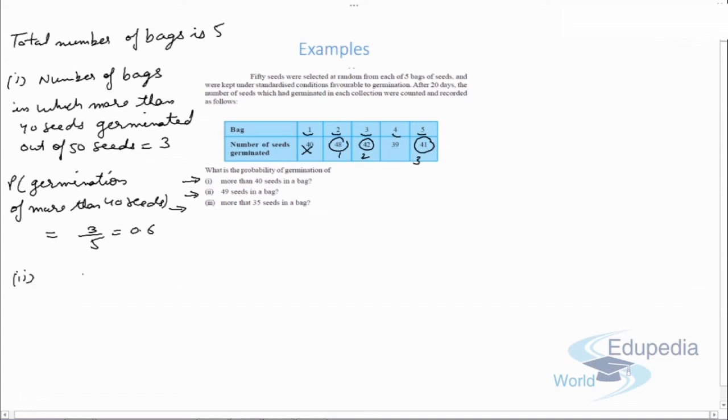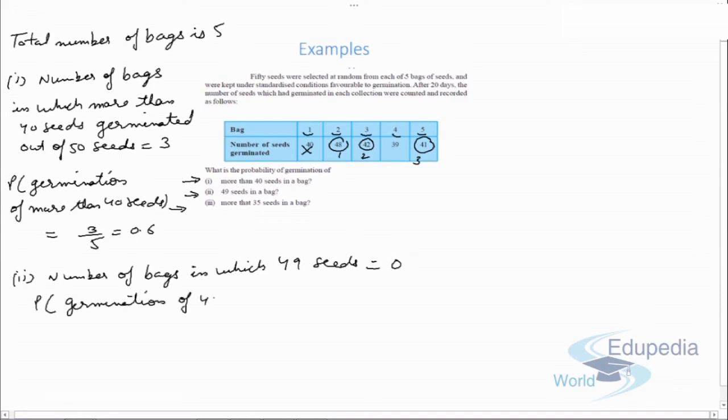Now the second part: what is the probability of 49 seeds in a bag? If you look properly at the question, there is no bag with 49 seeds, so the number of bags in which 49 seeds germinated is 0. So the probability of germination of 49 seeds in a bag will be 0 upon 5, which comes out to be 0.